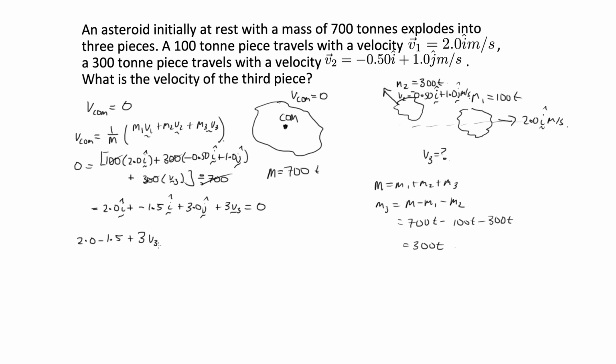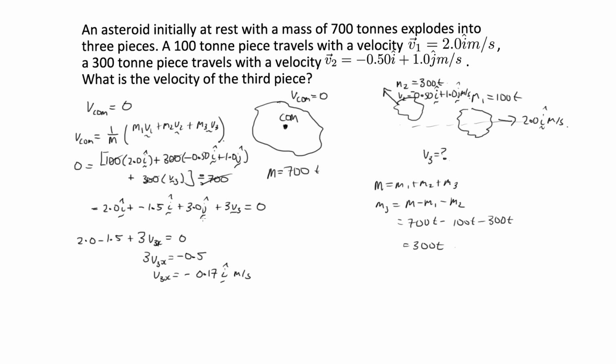Let's call that v3x, and that's equal to 0. So 3 times v3x is equal to minus 0.5, so v3x is equal to minus 0.5 divided by 3, which is minus 0.17i meters per second. So that's in the x direction, and I've put my little i unit vector back there.